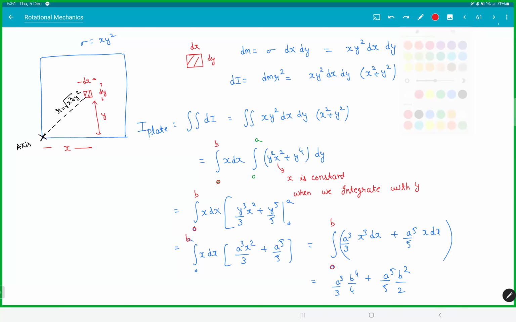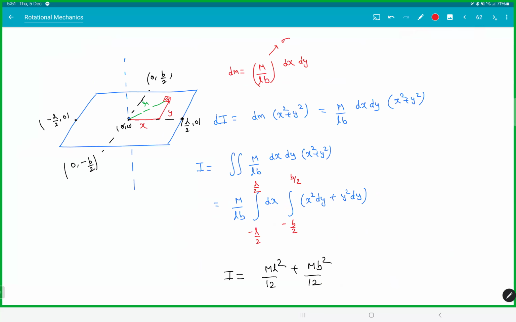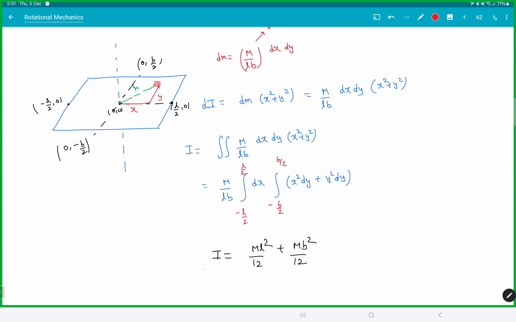All clear with this? So this will be the result for a rectangle about the center, I about the center, perpendicular to the plane. If you take L is equal to B, it becomes a square plate.